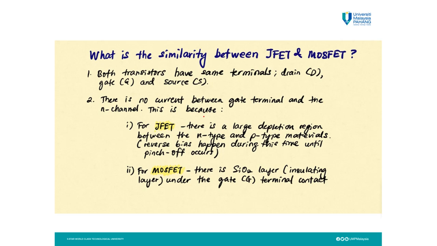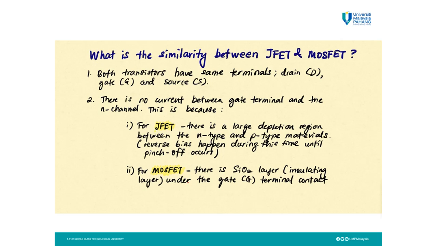For the JFET, there is a large depletion region between the N-type and P-type materials. This is because of the reverse bias that happens during this time until pinch-off occurs. You will understand this when I explain it in detail for the JFET.